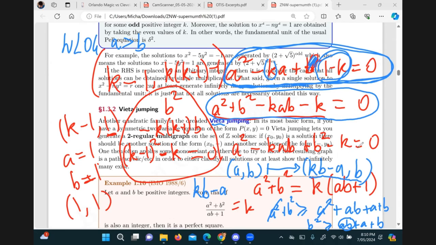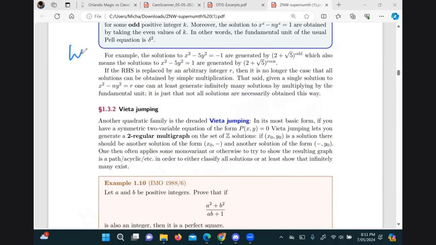Does that work in general? Once you have your new pair, now you jump B, and then you jump A. You do the same thing but with B, and because you assumed A is greater than B, this time you assume B is greater than A. It's symmetric in A and B, so you get the same conclusion.